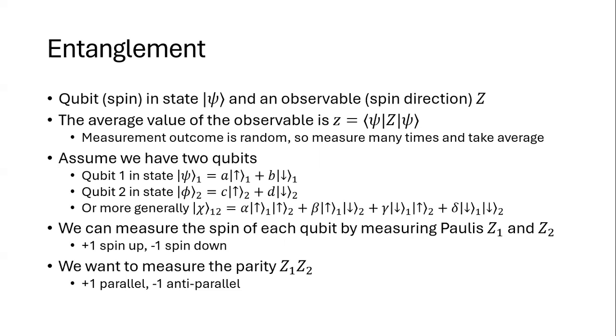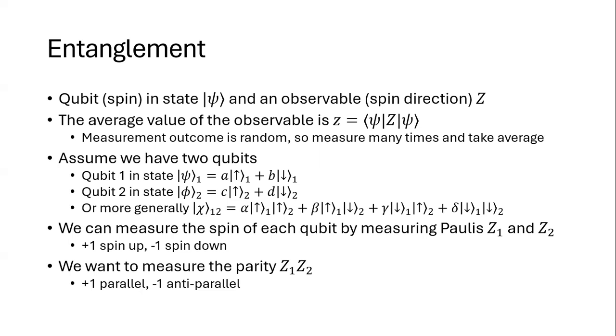And what we could measure for our qubits is the spin directions, right? So we can measure the Pauli z on each qubit. And if we find spin up, that's a +1 for our observable value for the Pauli z. And if it's -1, then it's a spin down, basically. Right. So the quantity that we want to be interested in is this parity quantity.